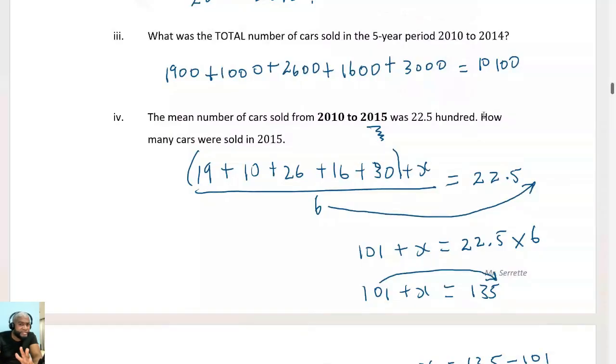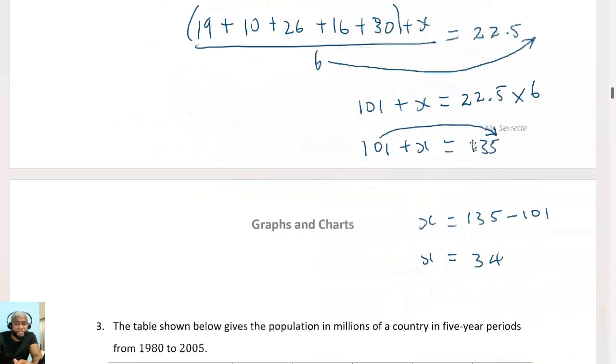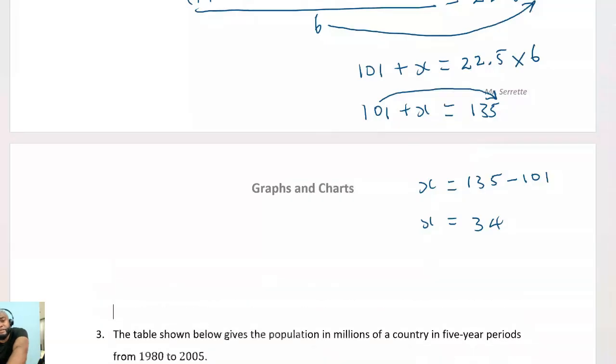So the missing value is actually 3,400. But it didn't ask for 1,500, so you can leave it at 34, right? No, no, no. How many cars are sold? So let me put the 3,400 there, underneath here. Because when you ask how many cars were sold, it wasn't 34 cars, it was 3,400 cars. That's the catch in this question.